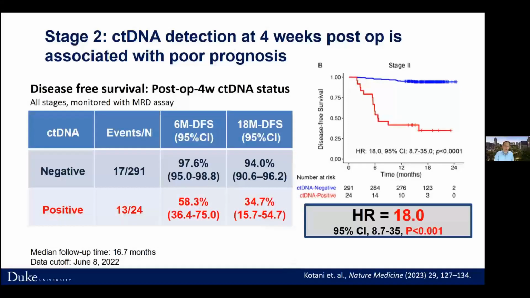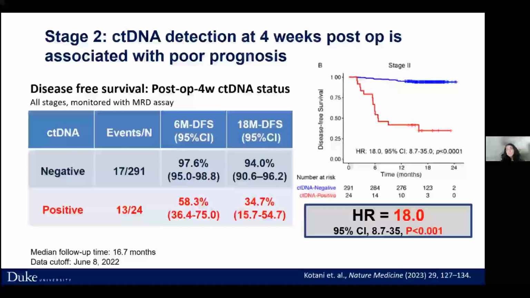So let me ask you a question now. Let's say you had ordered this and it came back positive. How would you have managed this patient differently? I think I would talk to the patient first and give them the newest data, that this patient had a very high chance of recurrence.